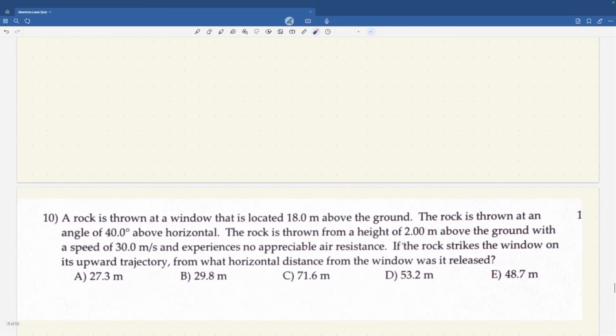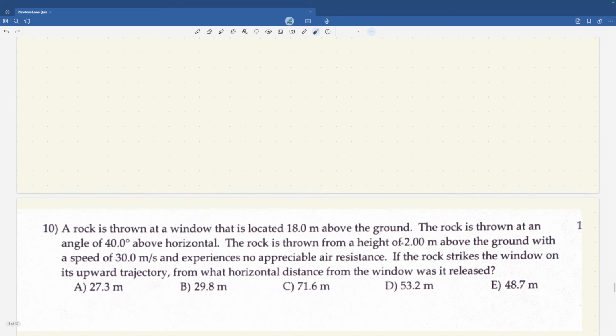All right, coming up the last one, which is again a good one. Okay, let's see. A rock is thrown at a window that's located 18.0 meters above the ground. The rock is thrown at an angle of 40 degrees above the horizontal. The rock is thrown from a height of 2 meters above the ground. At a speed of 30 meters per second.